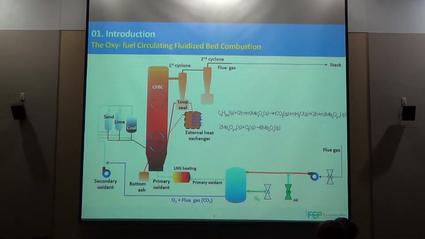And this is Oxy-Fuel circulating fluid combustion. We use pure oxygen instead of air, and we mix with recycled flue gas in a mixing tank, and then we supply it as primary oxygen and secondary oxygen to combust solid fuel.